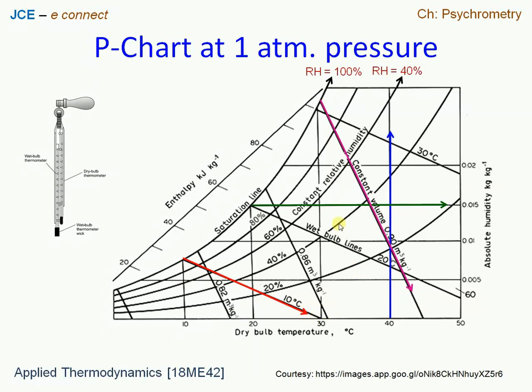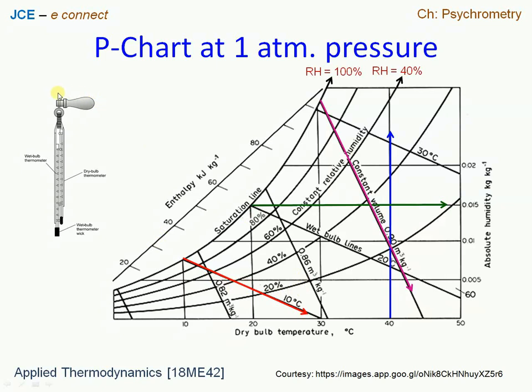So from this we understand that given a sample of moist air, by knowing the dry bulb temperature and wet bulb temperature, one can fix the state of moist air on this psychrometric chart, and by fixing the state of moist air one can extract the other property values in terms of relative humidity, specific volume, wet bulb temperature, and the enthalpy.